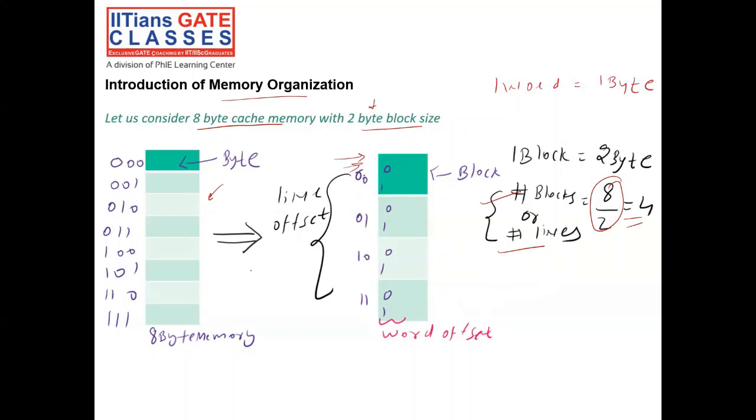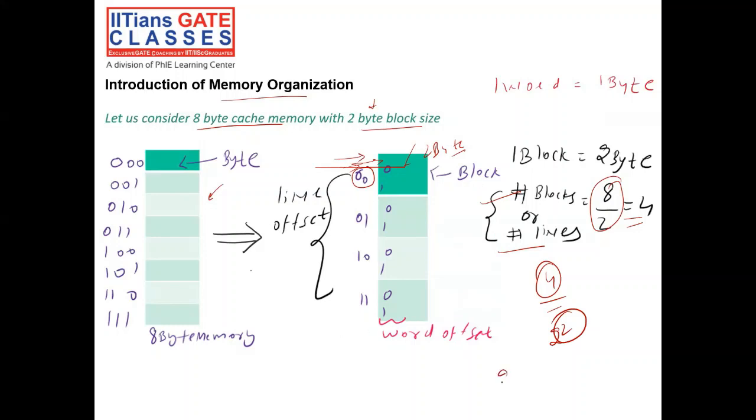Now see, 2 bits are required to address the block, right? Now 4 blocks are there, so how many bits are required? 2 bits are required to enable the block. But inside the block, 2 bytes are there. To access a single byte, you need 1 bit.